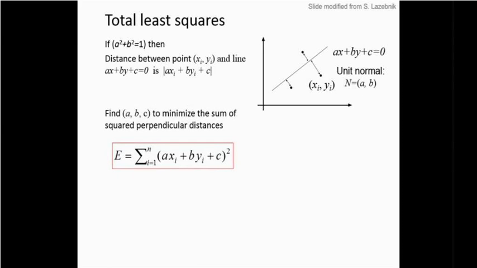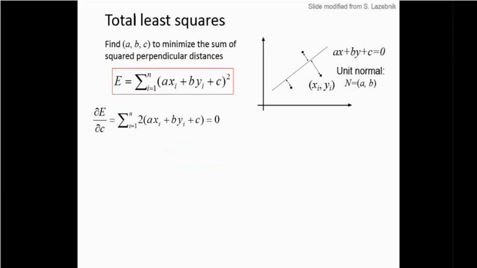This is probably a better measure if what we're trying to do is have a geometric fit of the point to the line. Since ax plus by plus c will be equal to 0 if I've got a perfect fit, it makes sense that I want to minimize the squared value of ax plus by plus c. So again, I've got to sum over all my points.